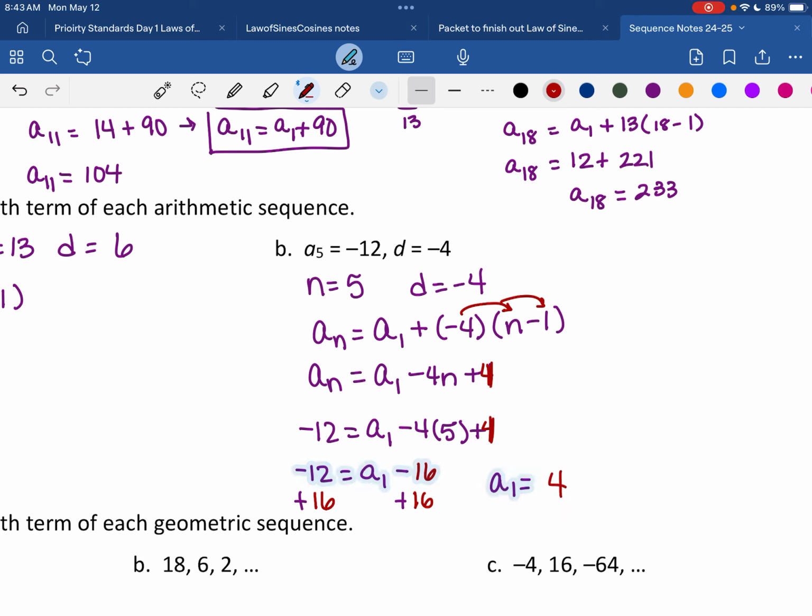So I'm going to check that again. So we're going to do 4. Try again. 4 minus 4 is 0. Minus 4 is... So 2 of them is negative 4. 3 is negative 8. What am I doing wrong?